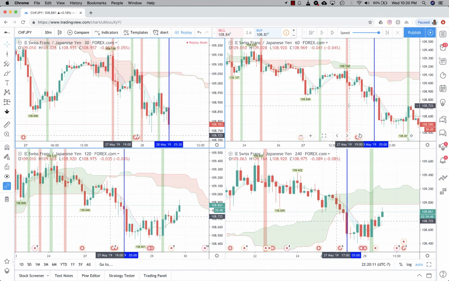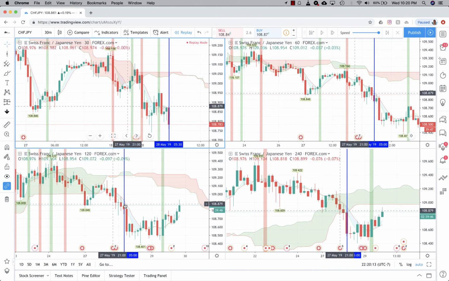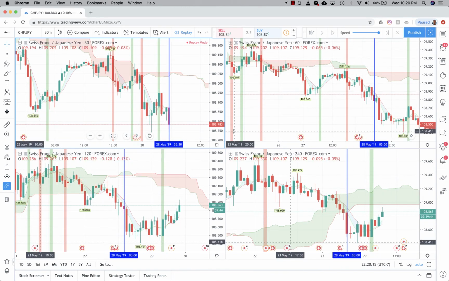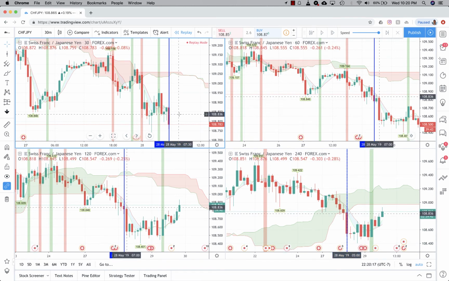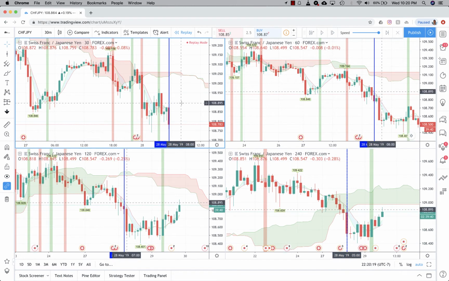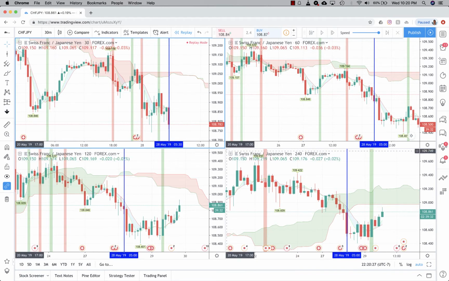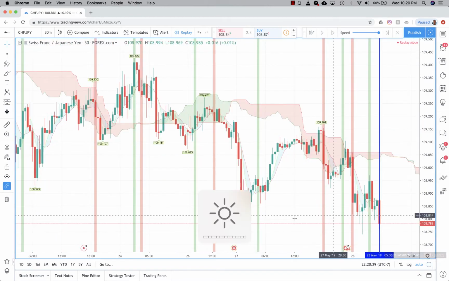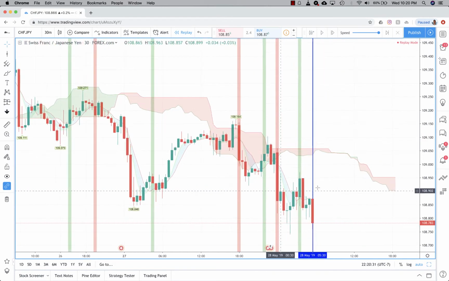It's also below on the 60-minute. It's also below on the 2 hour and the 4 hour. So this demonstrates a downtrend, and when we are looking at an overall downtrend, we're only looking to enter sell positions. So let's maximize the 30 minutes since we already know the trend and direction of price.